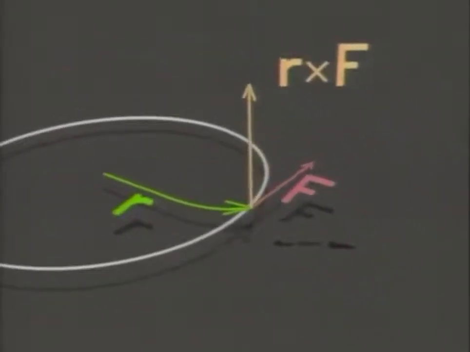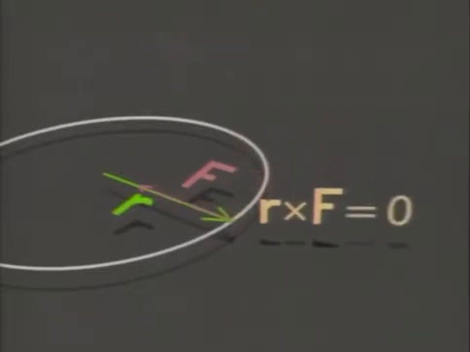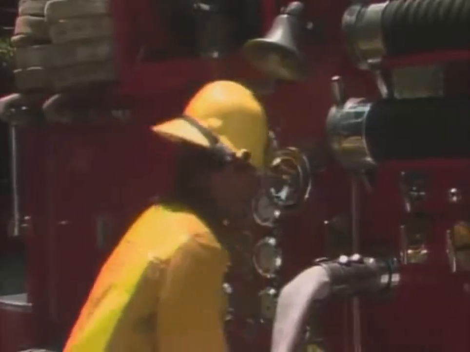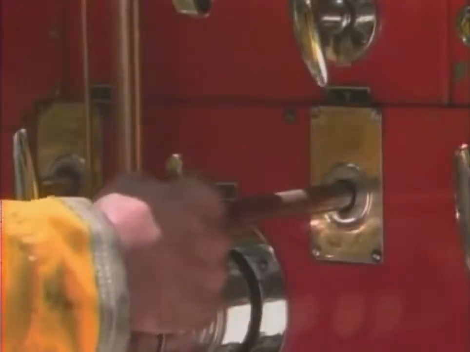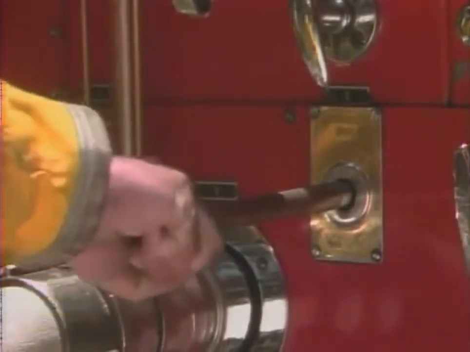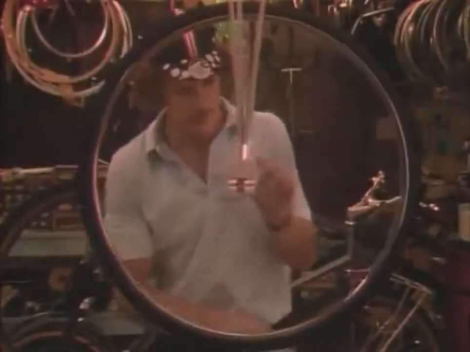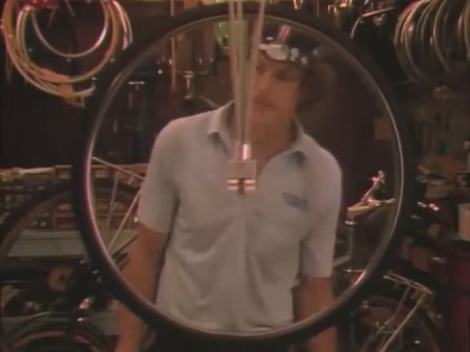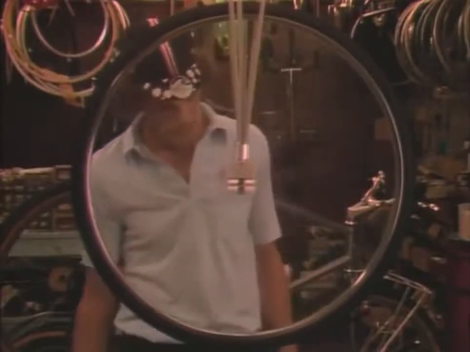If R cross F equals 0, the angular momentum is conserved. Obviously, not all forces behave that way. For example, to open a valve or to get a wheel rolling, twist is just what's needed. Torque is the twisting force that causes rotation, and it's equal to R cross F.